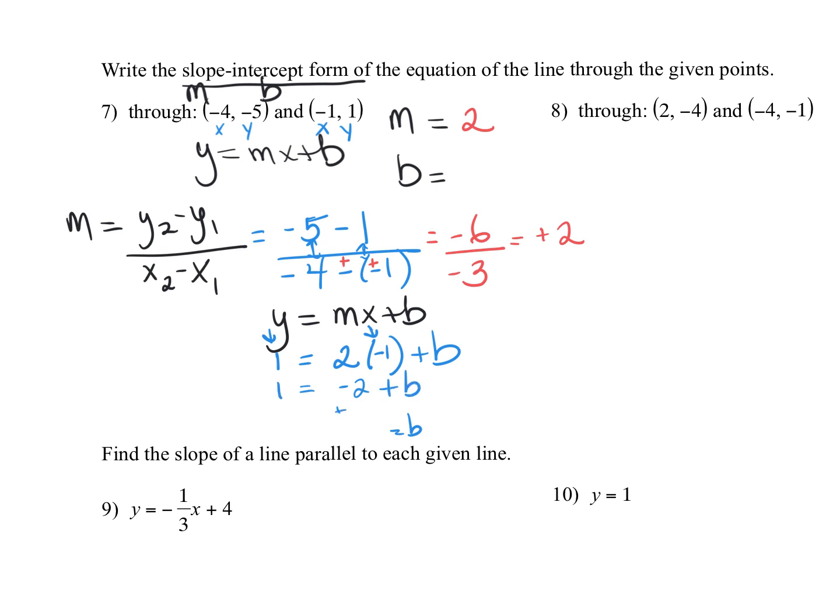And then my last step would be to add 2 to both sides. So 1 plus 2 is 3. So my b value is 3. So the equation of my line is y equals 2x plus 3.